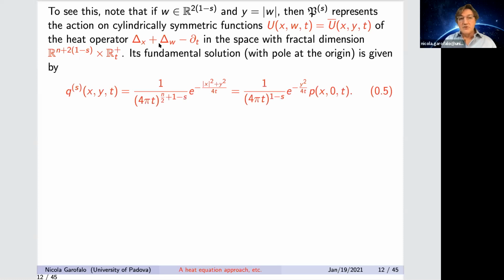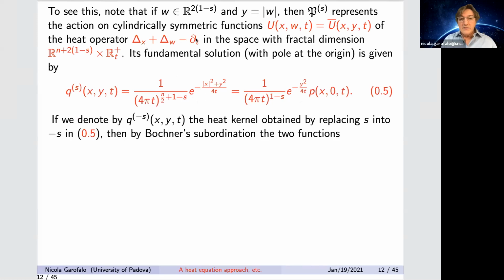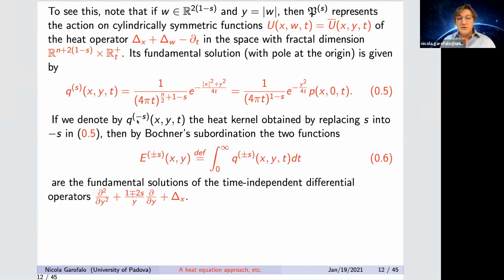So the fundamental solution of this heat operator is given, as we all know, by this function here, which I'm going to rewrite like this. And the p now is the standard fundamental solution of the heat operator Laplacian_x minus ∂_t. So I will denote by Q^{-s} the heat kernel obtained by replacing s with minus s in this formula.